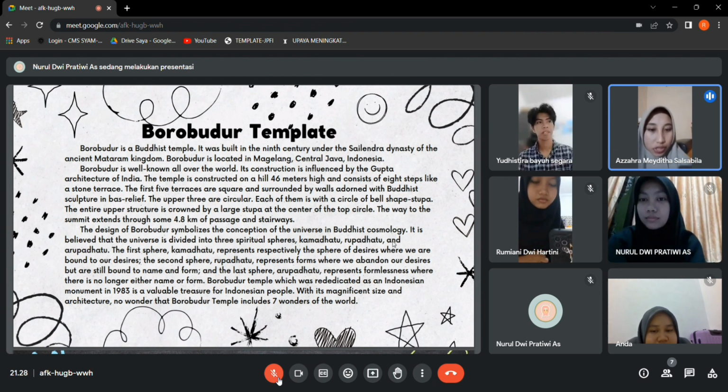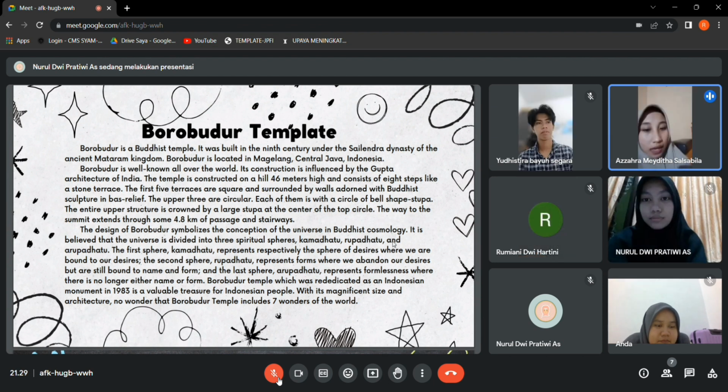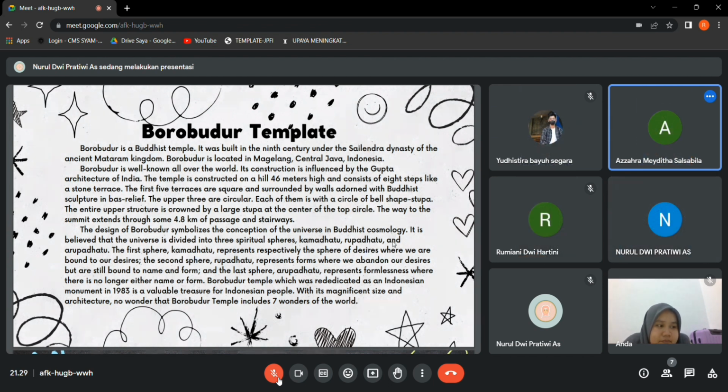And next question is, what is the kind of the text? Can somebody tell me the answer? Me, ma'am. Yes, Nurul, please. The kind of the text is descriptive text. Okay, descriptive text. And the next question is, what is the purpose of the text? The purpose of the text is to describe the Borobudur temple.